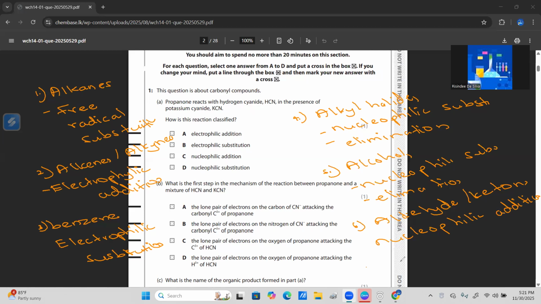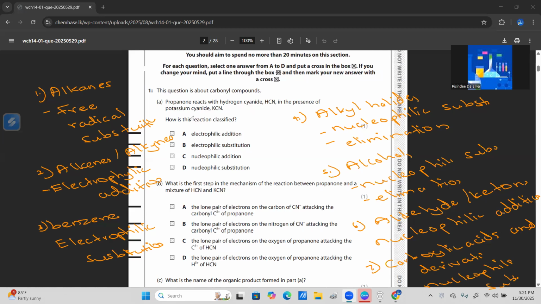Then carboxylic acids and its derivatives like esters, amides, right? They will undergo nucleophilic substitution.